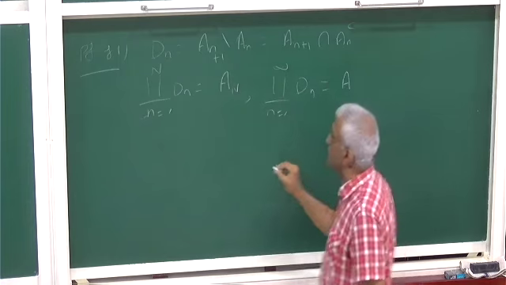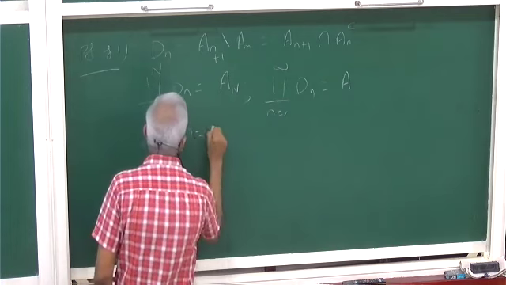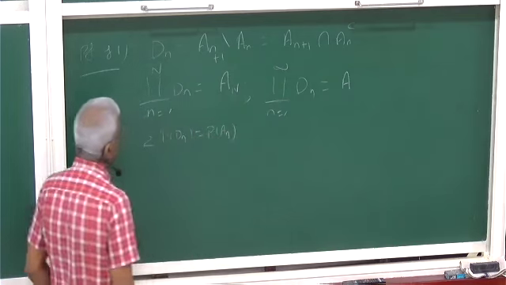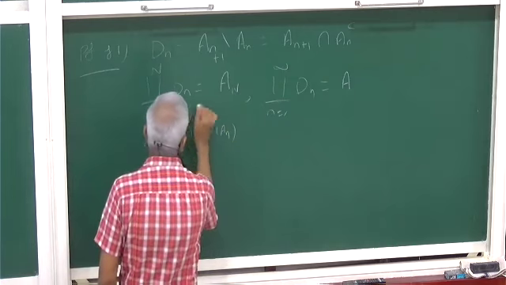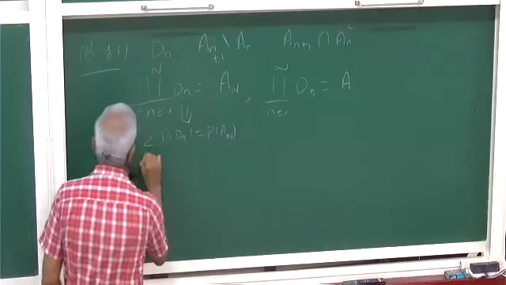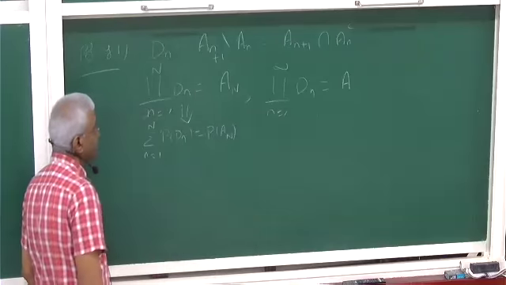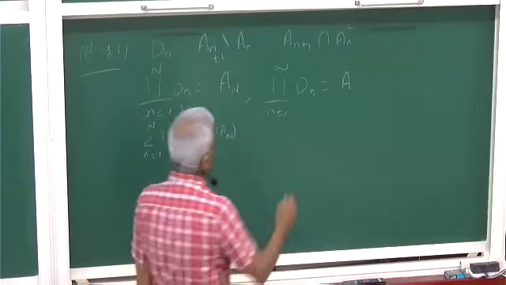But then this implies the summation of P of D_n equals P of A_n. Okay? Now this is equal to this.